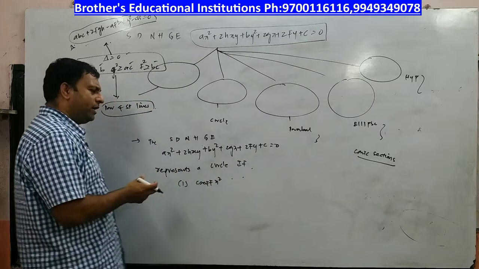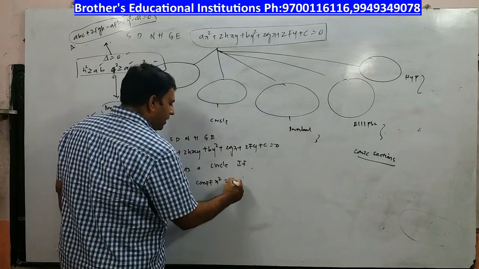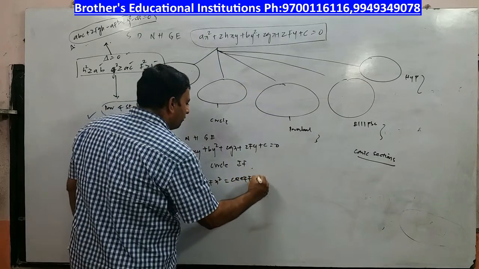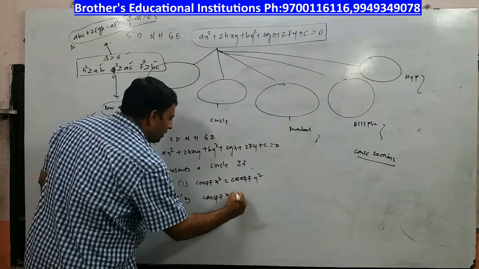Children, it's a very important concept, and based on this you may get a VSAQ in the exam. Coefficient of x square is equal to coefficient of y square. The second one, coefficient of xy is equal to 0.